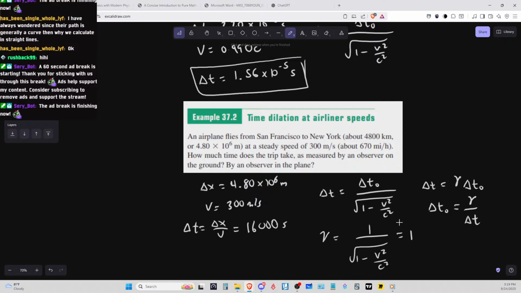Okay, it is still equal to 1. So both. So at that point, the proper time.